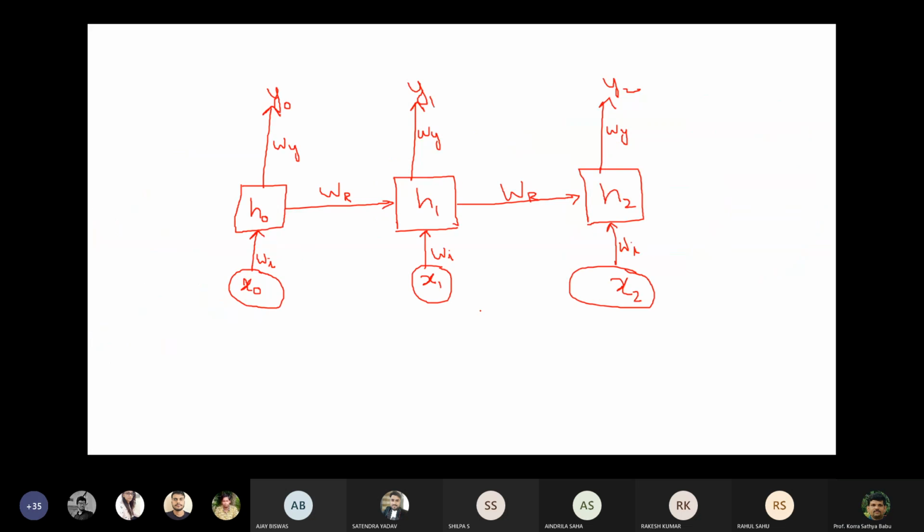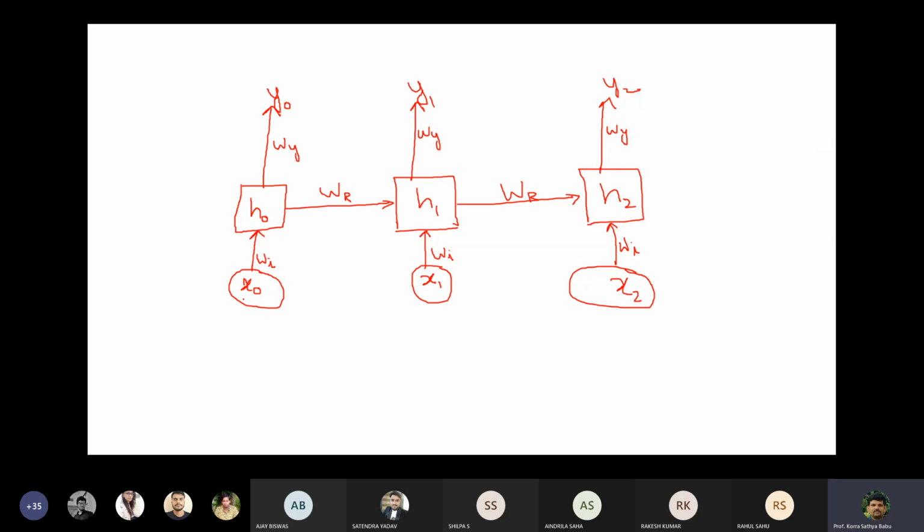Now assume that this is what we have given here. You can see that x naught is the input, and to get this h naught, you multiply this Wi, the weight, with this x naught at time t naught, t0.